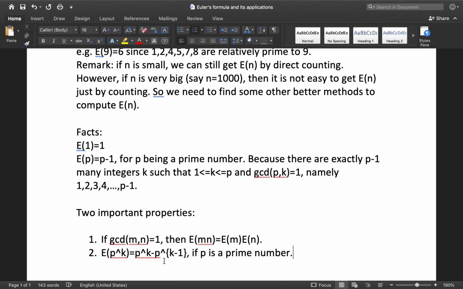So what can we do? In fact, we can combine the first property and the second property, use these two properties together, and then try to compute the Euler function of some other integer. I will continue in the second part of the video.